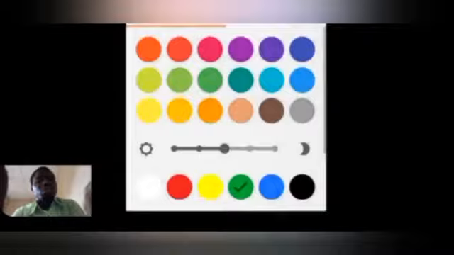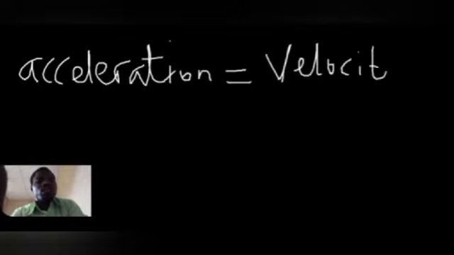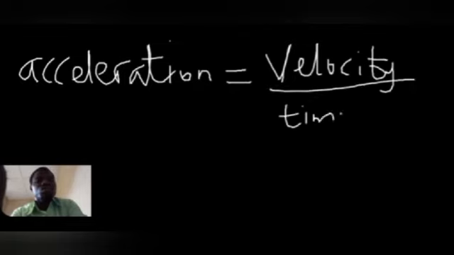Then let's do one more. There are very many derived quantities, but let's just take one more example. Acceleration, which is another popular derived quantity, and we're going to be needing it a lot in math. It's velocity over time. So what's the unit of velocity?